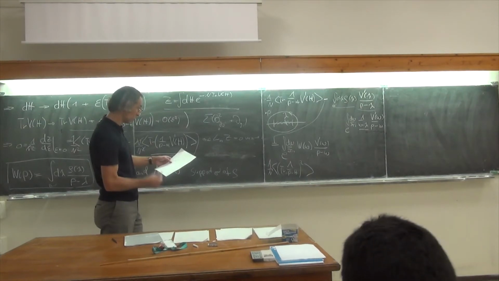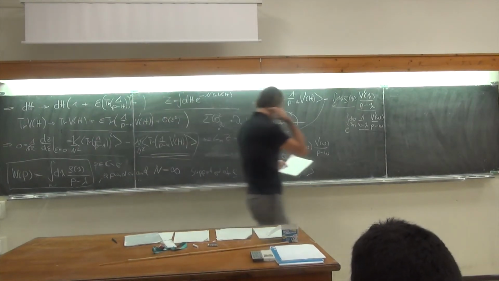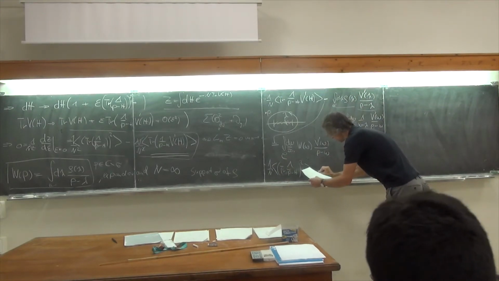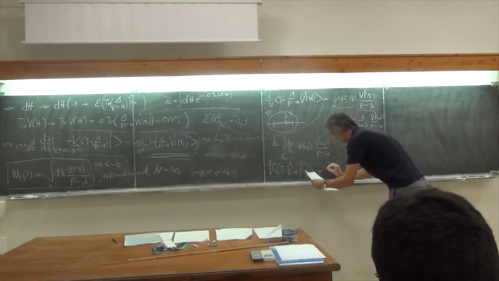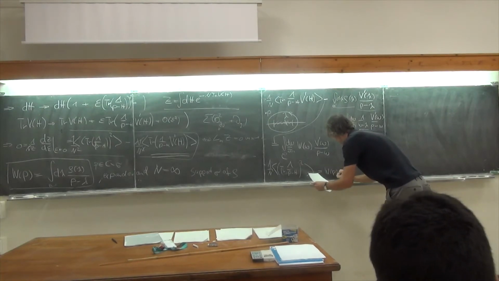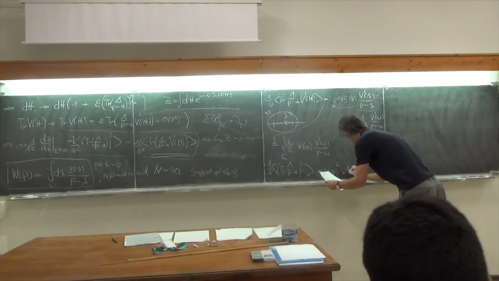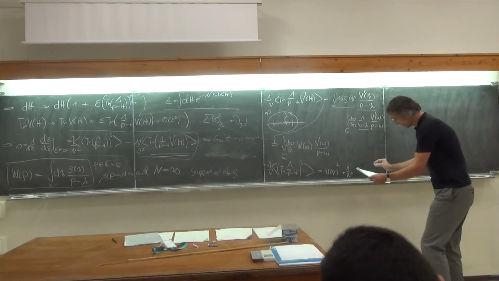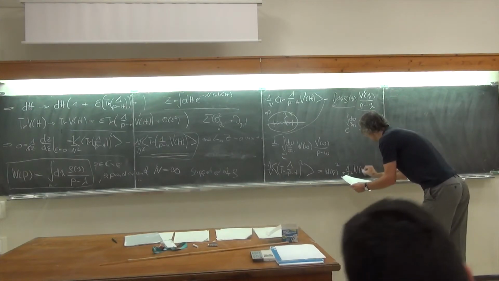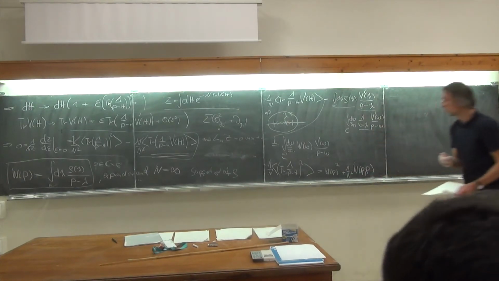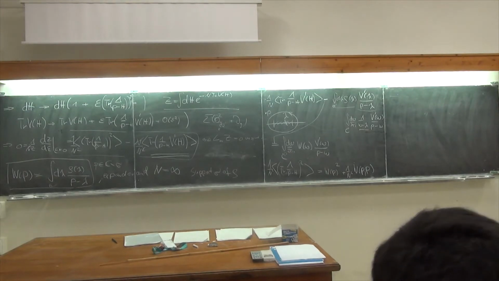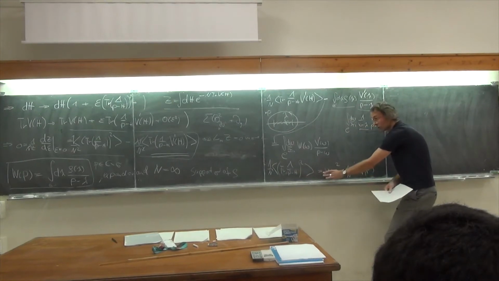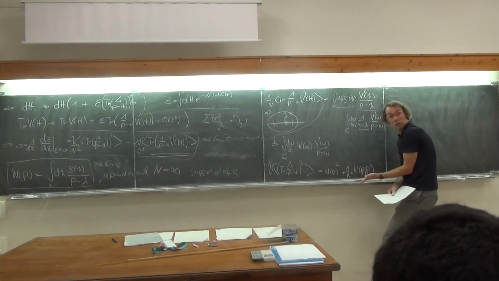Okay, so in other words, if you bring this over, this is equal to p squared plus 1 over n squared. You remember in the connected part, in the definition, we did not have this term, W p p. This minus the factorized part is equal to that. Okay, that was the definition.